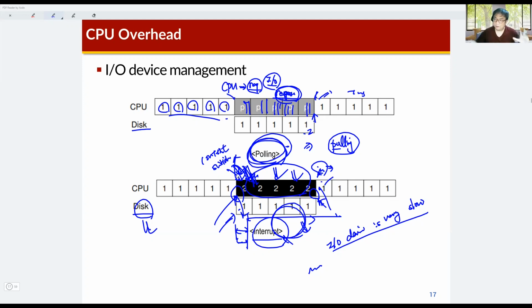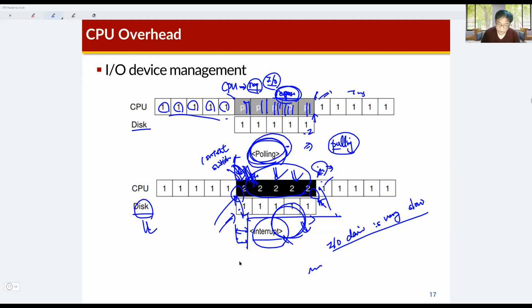So if context switch happens frequently, then the performance is significantly degraded.